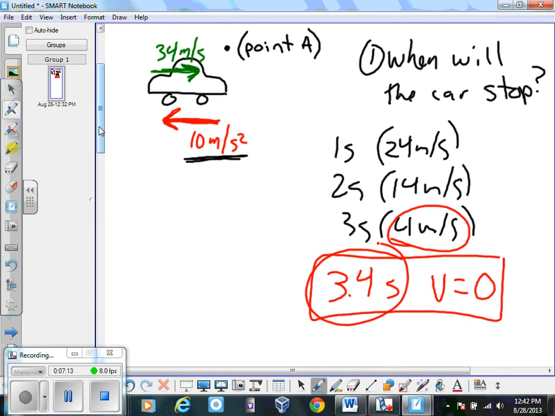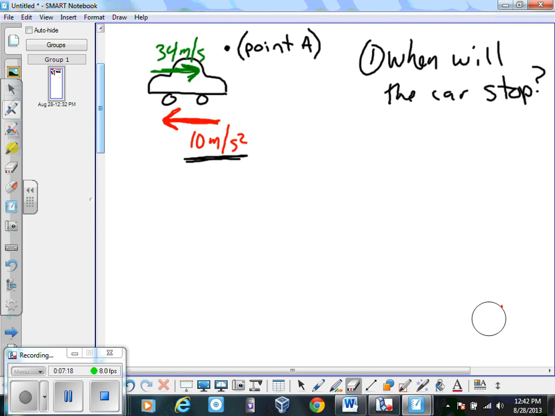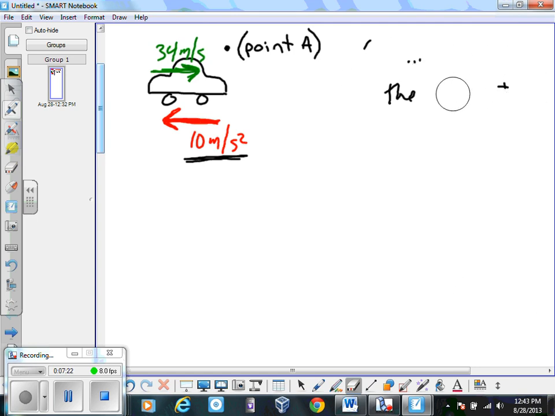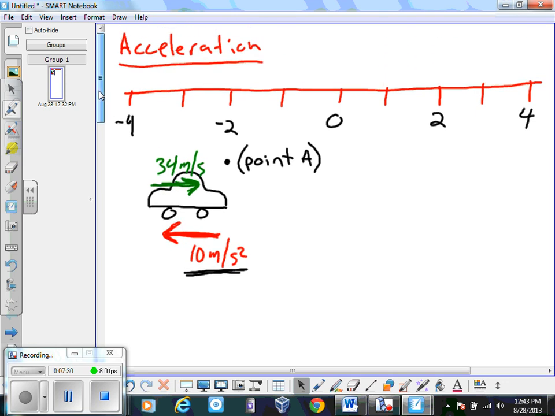Okay, so let's ask another question here, you guys. First was, when will the car stop? Number 2 is going to be, how long will the car stop? Okay, so this is kind of a tricky question. Acceleration is the rate of change of velocity, correct?